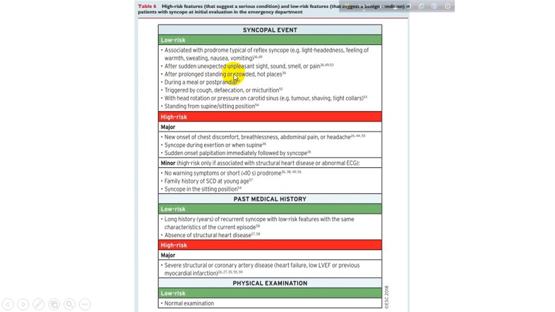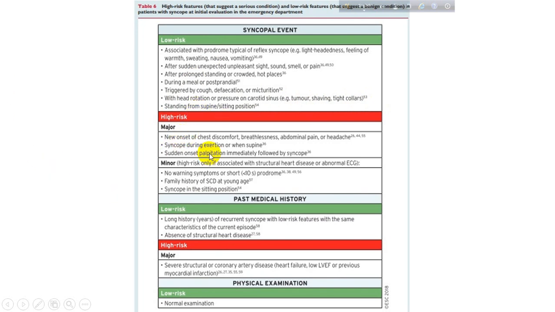After prolonged standing or in a crowded hot place, during a meal or postprandial, triggered by cough, defecation, or micturition, with head rotation and pressure on carotid sinus such as tumor, shaving, tight collars, standing from supine or sitting position. It is a low risk.